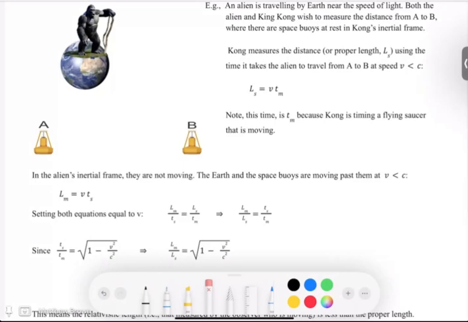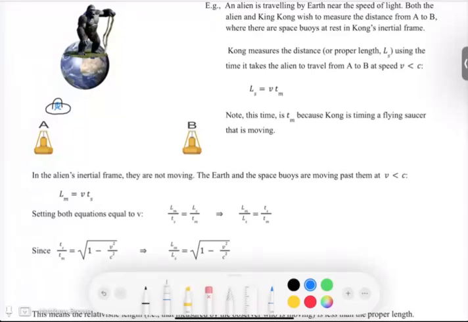Okay, so in the alien's inertial frame, we've got our little flying saucer here. You have to really get into their reference frame. You have to say, okay, I'm in the alien's inertial frame.